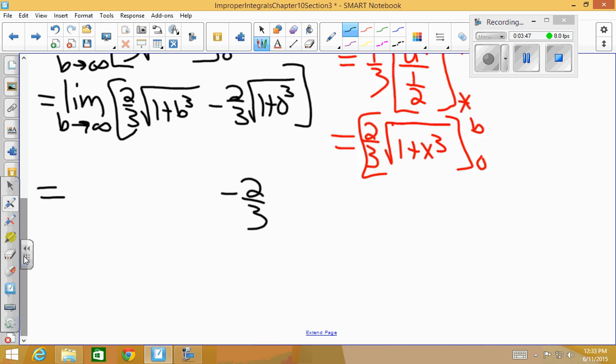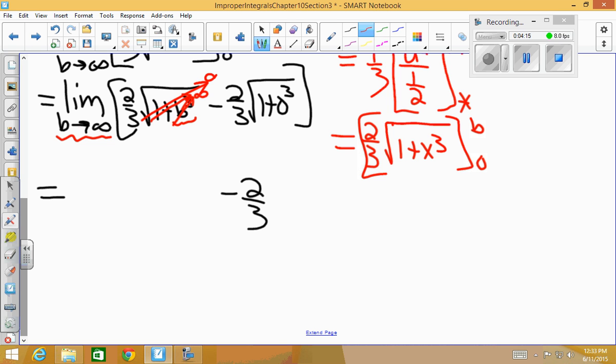However, b, remember, is going to infinity, so it's getting larger and larger. If you take a very large number and you cube it, it gets larger still. So b cubed goes to infinity. If you add 1 to that, you're still going to infinity. And even if you take the square root, 1 plus b cubed is still getting large enough that it dominates that whole thing.